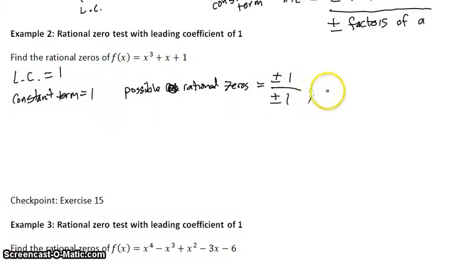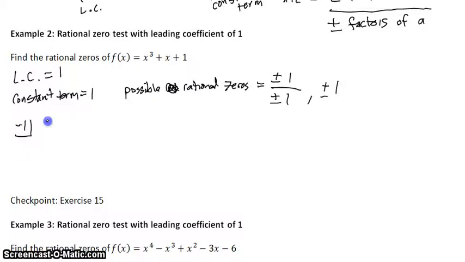So this makes this very easy for us. So this is only plus or minus 1. When you see this one down here, you're going to see a different combination. But all we have to check now is if 1 or negative 1 are zeros of this function.